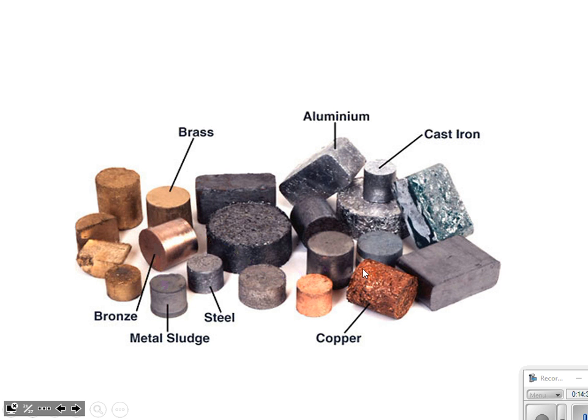Here's copper, here's aluminum, there's iron. Those are all elements on the periodic table. This might not be a great slide to put on there because a lot of those things are not metals that they're naming. But obviously the copper, aluminum, iron, you're going to find all three of those on the periodic table. Those are definitely metals.